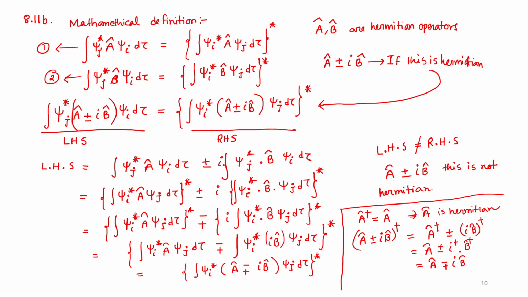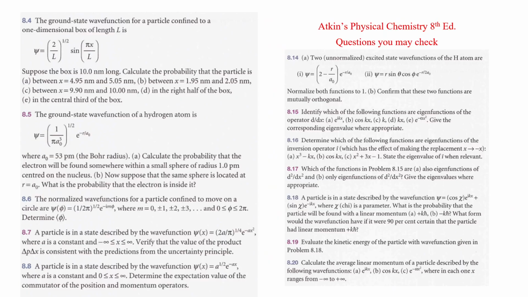So this is a shortcut method, and if you go the lengthier way, you can go with that. Okay. So it was given to prove that A plus minus iB are not Hermitian. We have done it. I hope there is no doubt.